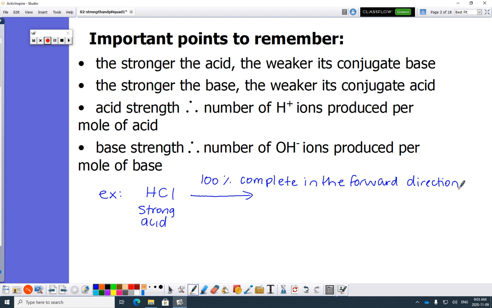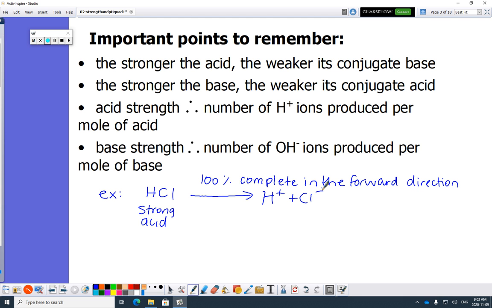Which means that equilibrium is not established. It does not go in the reverse direction. So you get H plus, Cl minus. You can include water, and then you would write H3O plus, the hydronium. It doesn't really matter. The chlorine would be the conjugate base, the chloride ion. But technically, because it is 100% complete in the forward direction, it actually doesn't go reverse.